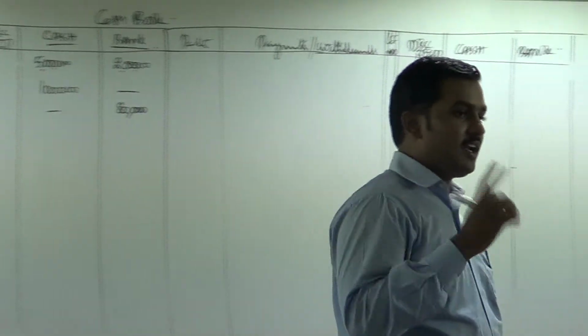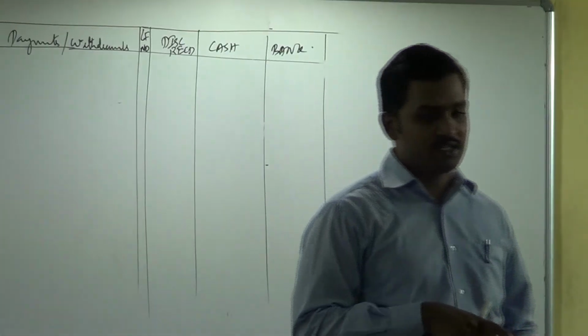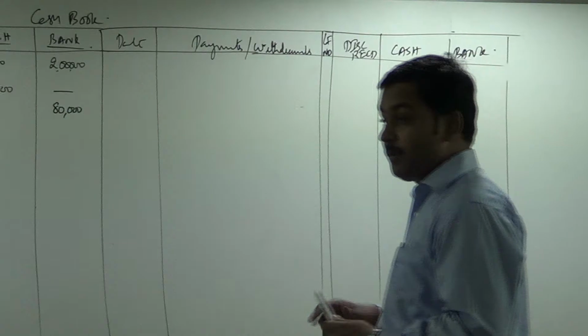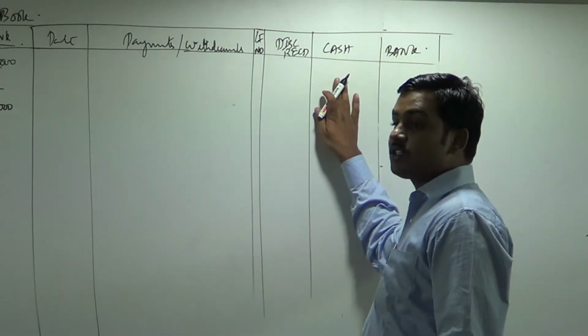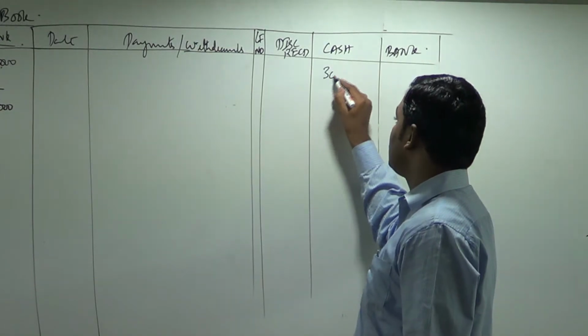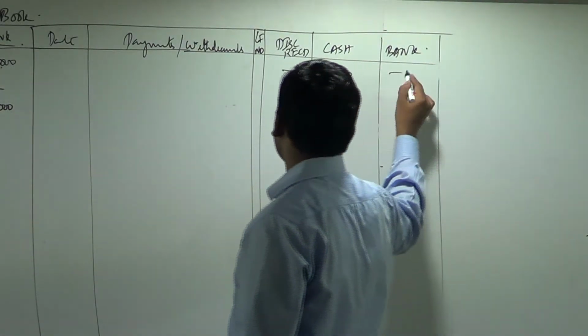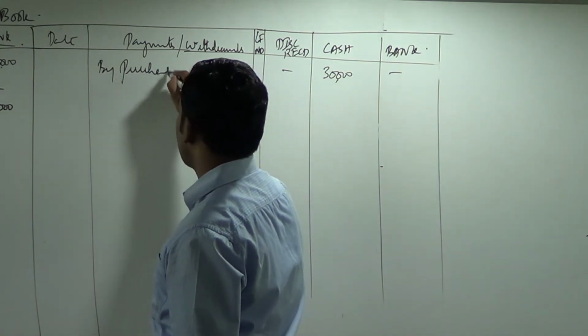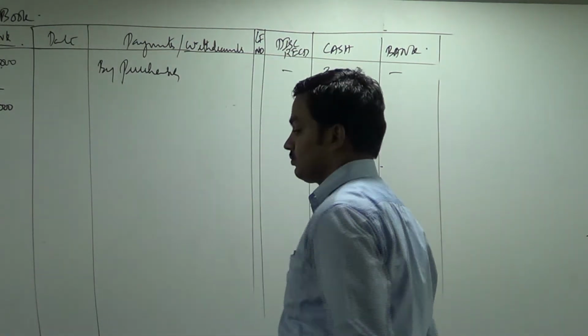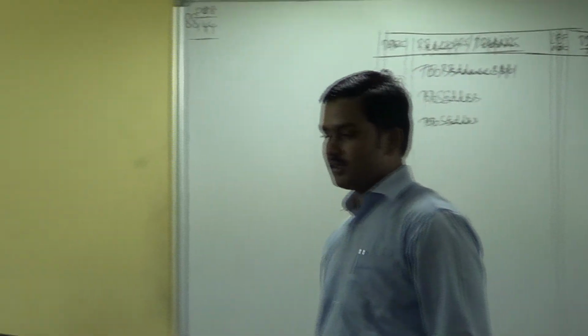If it is a receipt, left side. If it is a payment, right side. Payment through check or through cash? Cash. You have recorded in the cash column. How much? 20,000. By purchases.